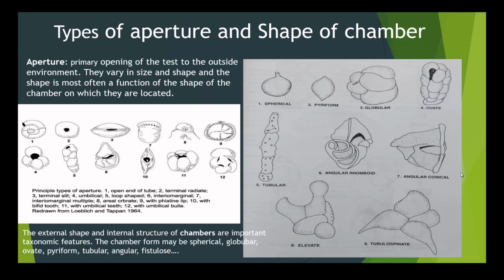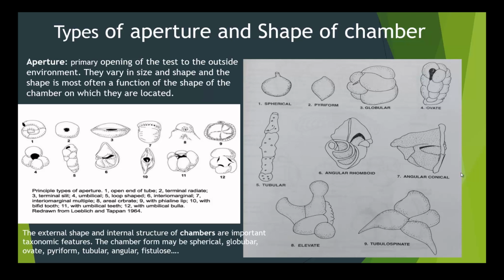They may be terminal radiate, terminal slit, umbilical, loop-shaped and various others. The external and internal structure of the chamber are important taxonomic features. The chamber forms may be spherical, globular, ovate, pyriform, tubular, angular, fistulose, etc.